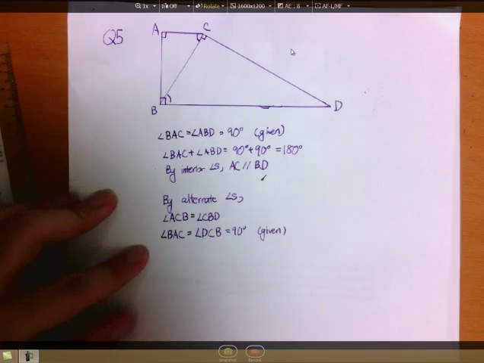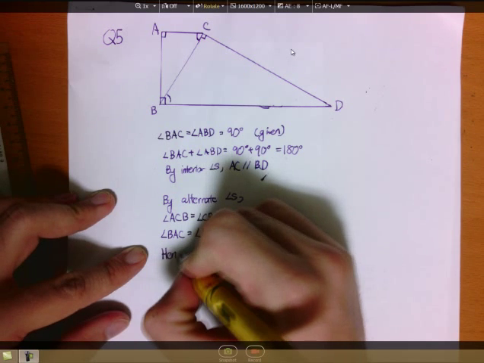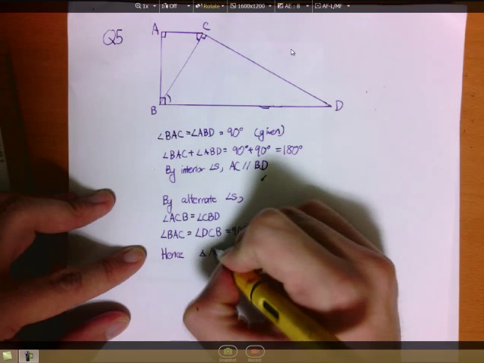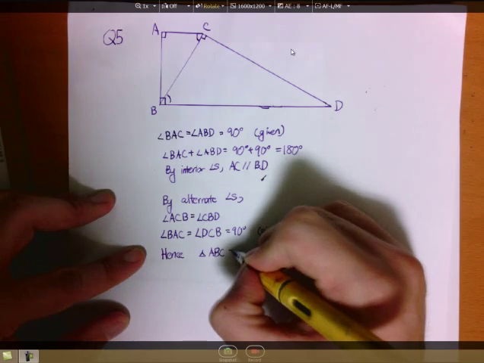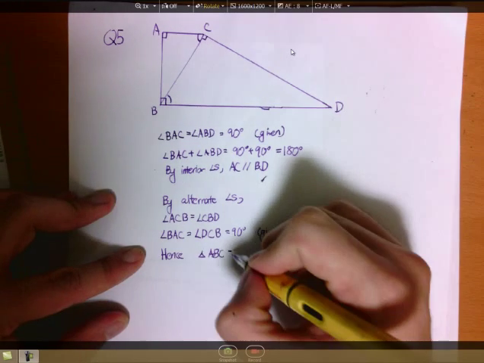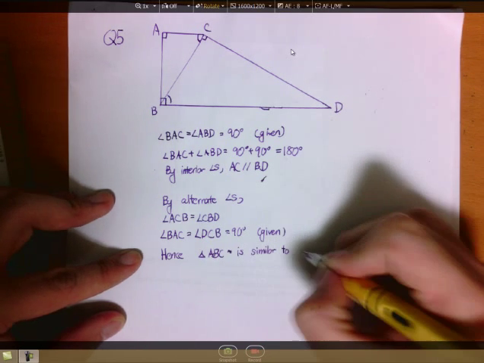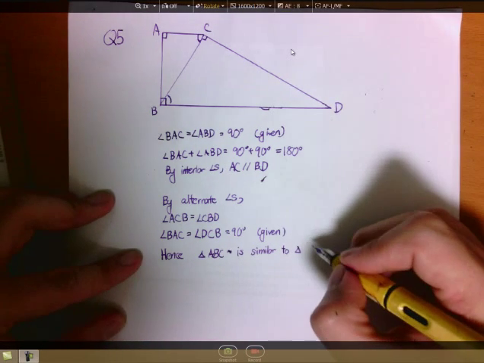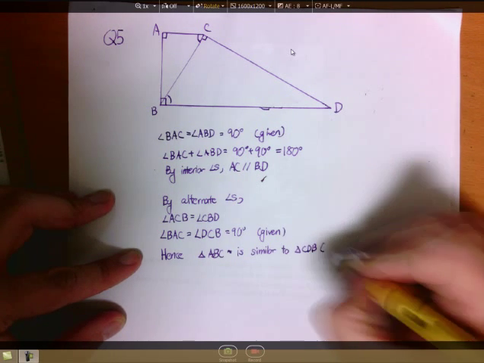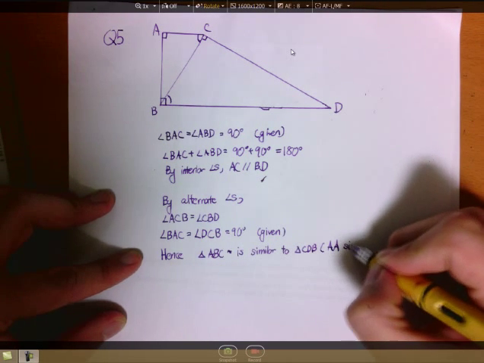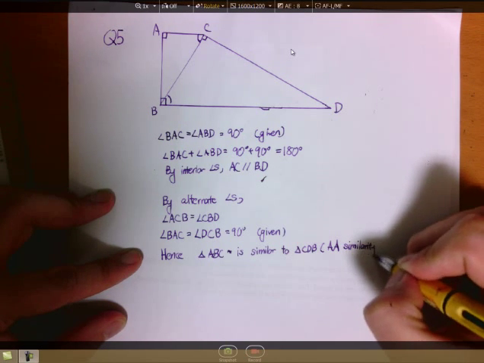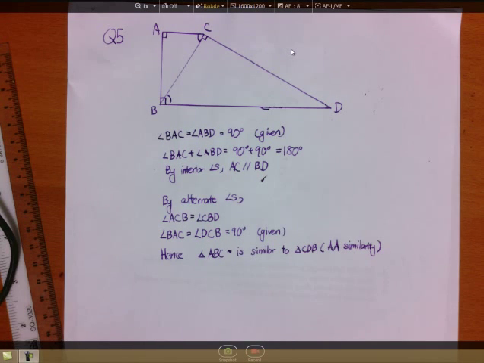Hence, I've proven that triangle ABC is similar to triangle CDB, and the reason here being angle similarity. And we are done with question 5 part 1, to prove that triangle ABC is similar to triangle CDB.